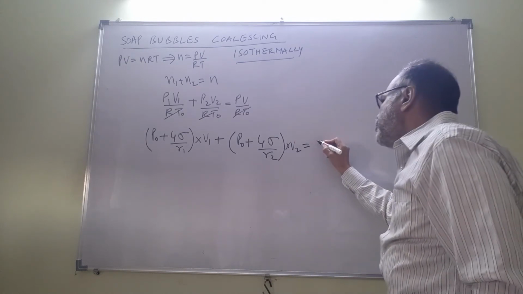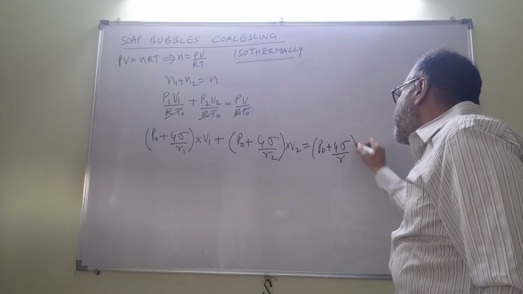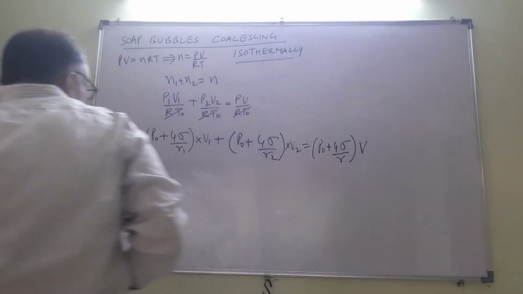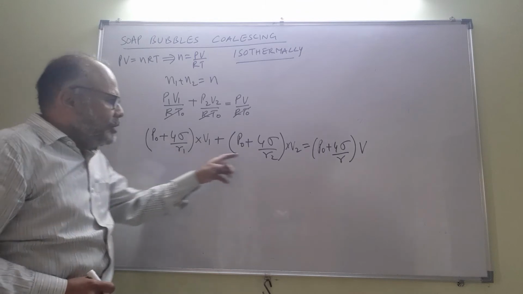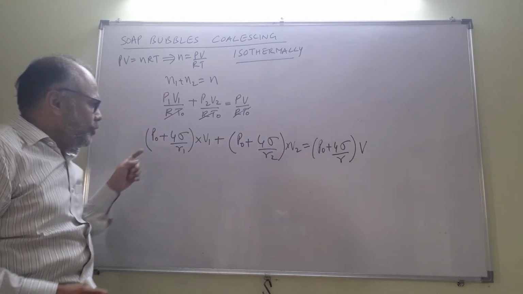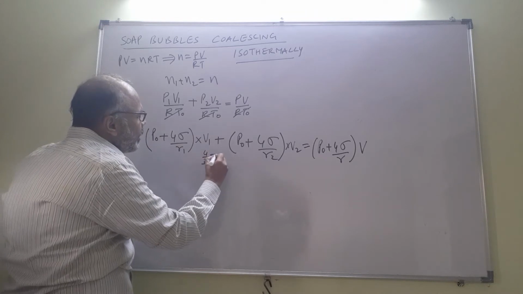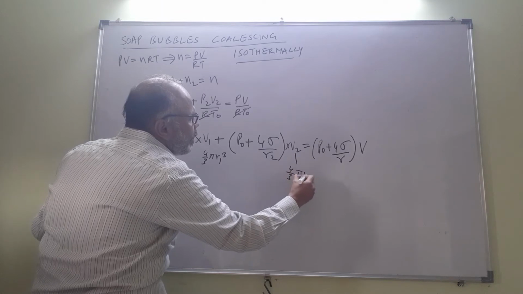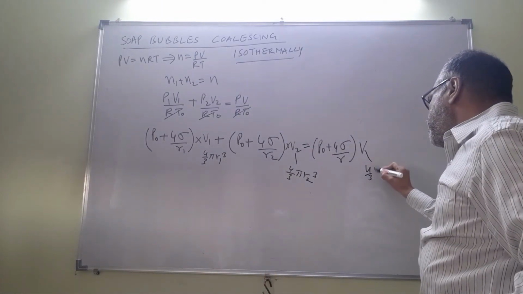That will be equal to P naught plus 4 sigma by R, into V. Now you can get the resulting radius out of this, if you put V1 as 4 by 3 pi R1 cube, V2 as 4 by 3 pi R2 cube, and V as 4 by 3 pi R cube.